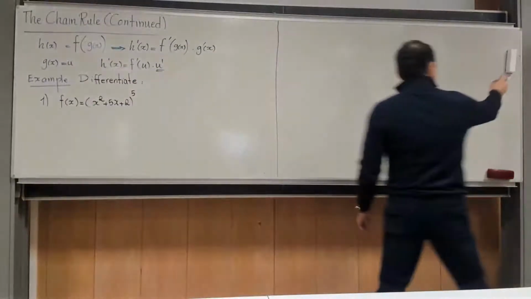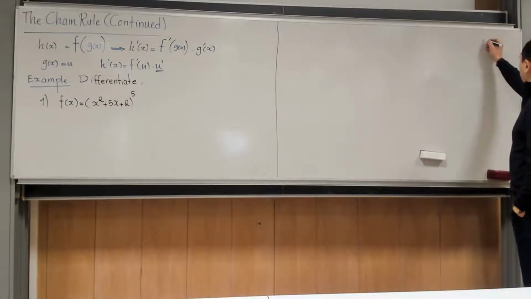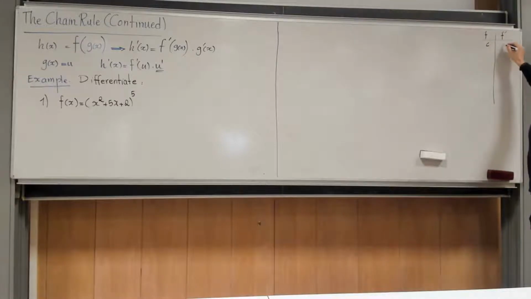So if you remember, the formulas that we have and you will get is this table. This is the only table that you will get in the exam. So the function, its derivative. If that's a constant, the derivative is 0. If I have x to the power of a constant c, it becomes c x to the power c minus 1.